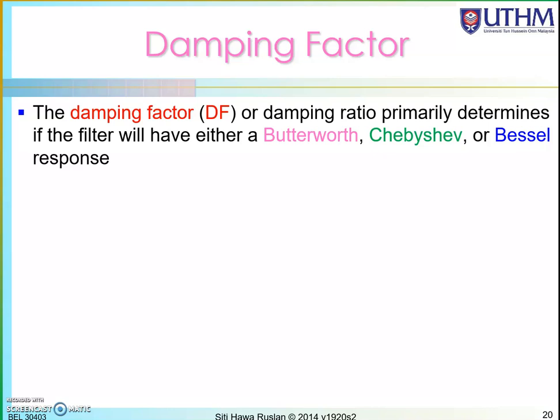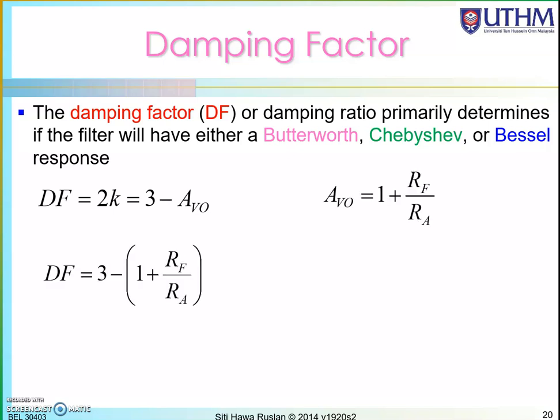Sometimes, instead of being given table 2.1 just now, you have the damping factor, 2K is equal to 3 minus AVO, and AVO is 1 plus RF over RA. So the damping factor is 2 minus RF over RA. Sometimes you'll be given the ratio of RF over RA.